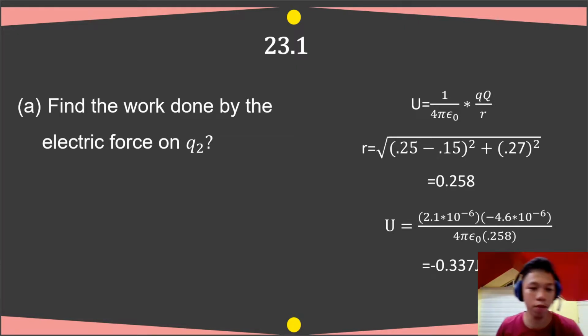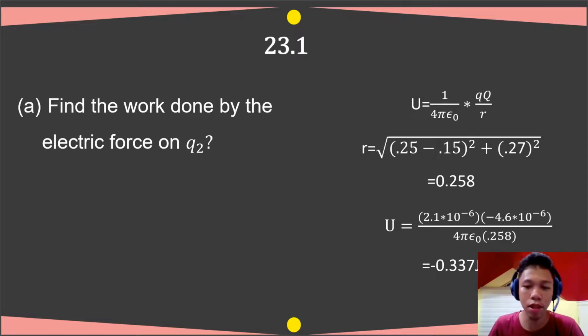So, first of all, we're asked to find the work done by the electric force on the second charge. We're going to use the electric potential energy of two point charges formula, which is, as you can see at the top right, U is equal to 1 over 4 pi epsilon naught times Q times the second charge over the distance between them.